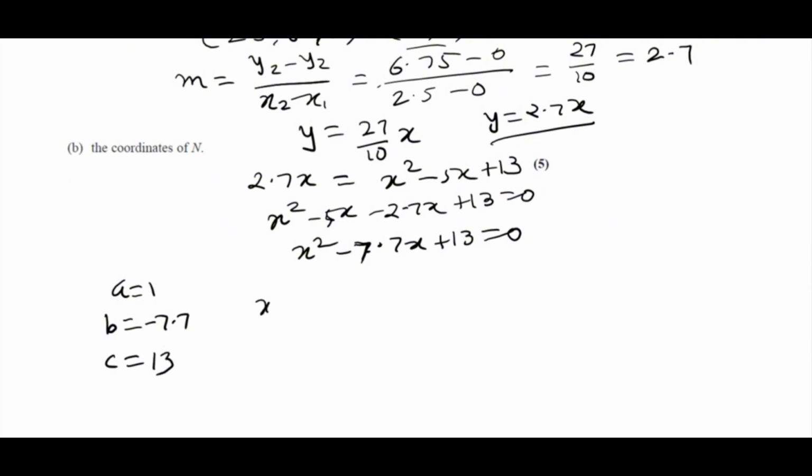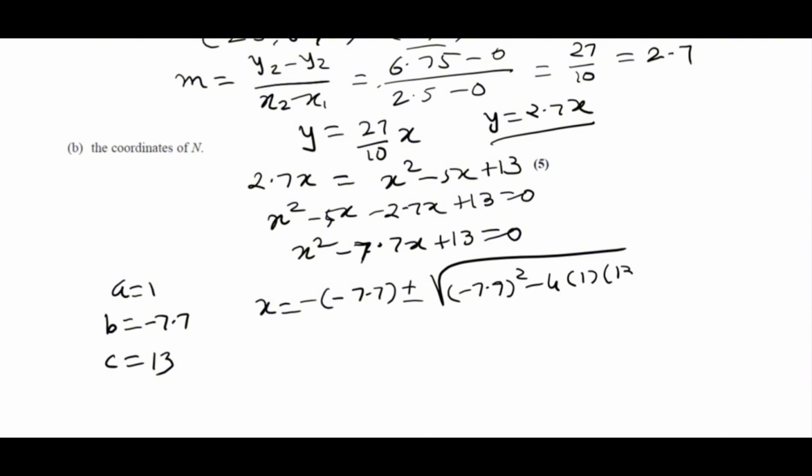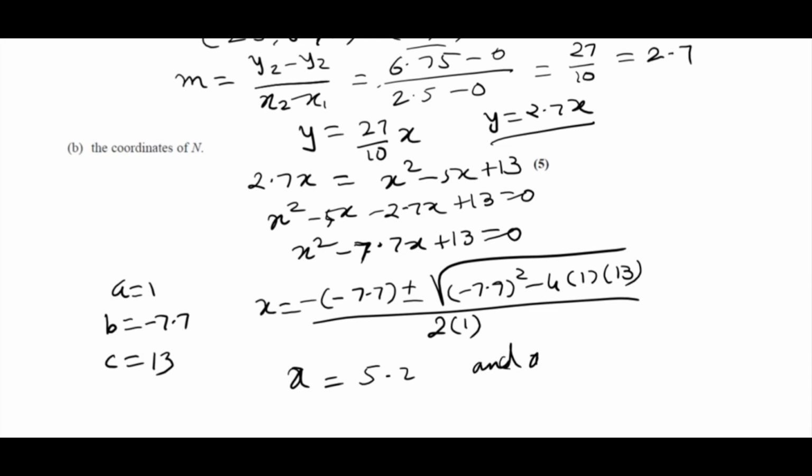Put into the quadratic formula, x is equal to minus b, minus 7.7, plus or minus the square root of 7.7 squared minus 4ac, where c is 13, over 2a. So when you put it in a calculator, you will get two values, which are x equals 5.2 and x equals 2.5.